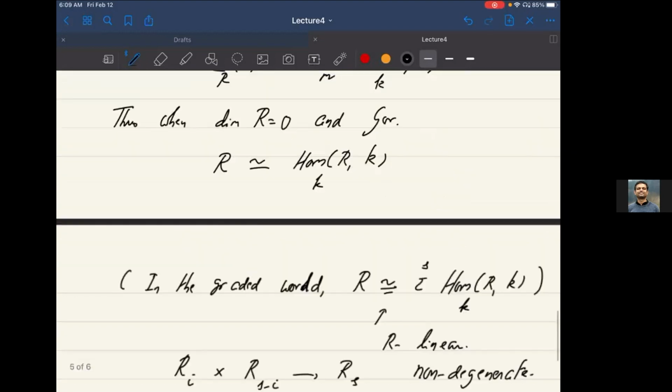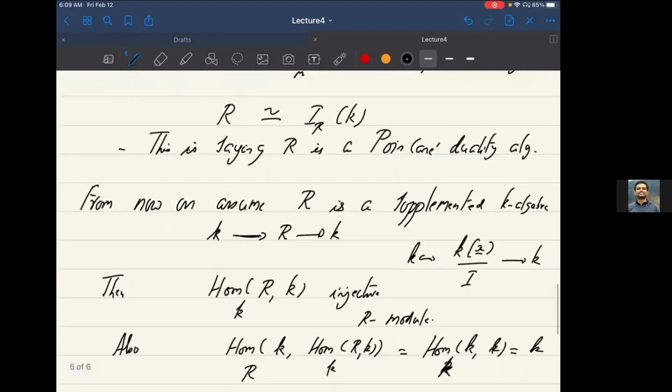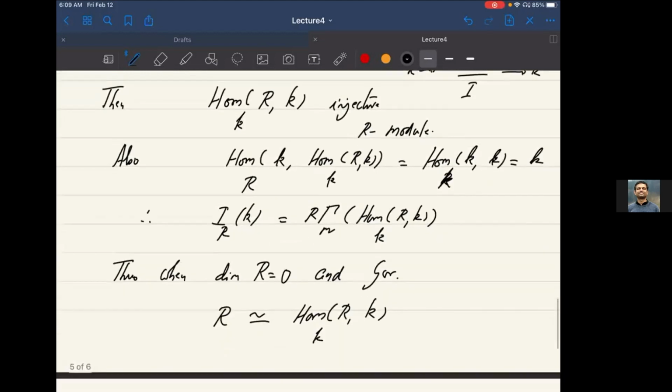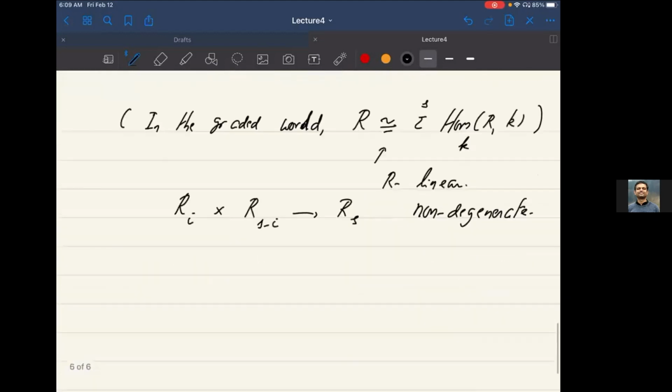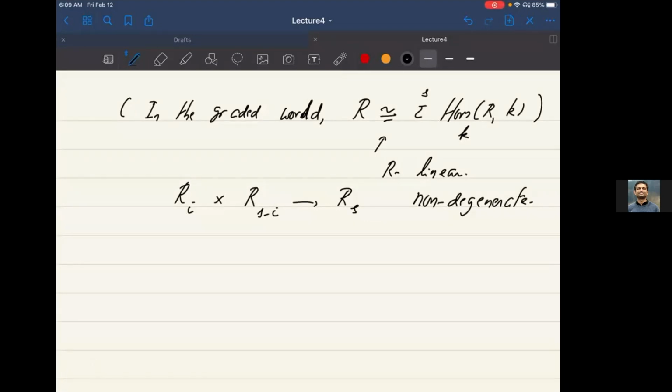So to sum up, for Artinian rings, the Gorenstein property is precisely saying that the ring has Poincaré duality. So one can view dimension zero, where the dimension of R is equal to 0, Gorenstein is the same as Poincaré duality algebras.